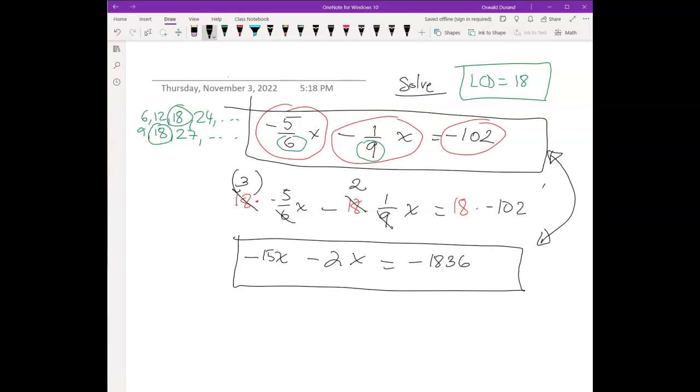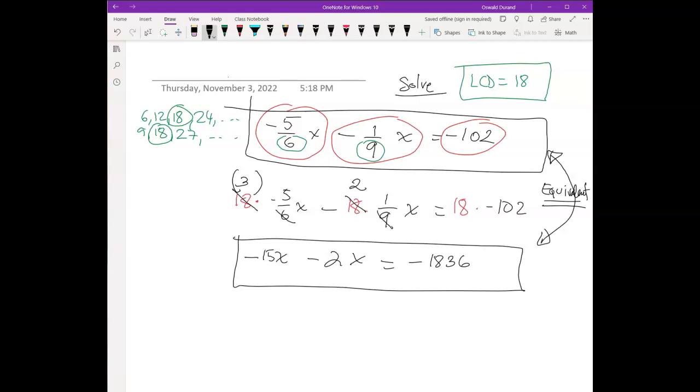They may not look the same, but they are equivalent. Just because I multiply all the terms by 18 doesn't change it. It's balanced all throughout. So one equation is a multiple of the other.